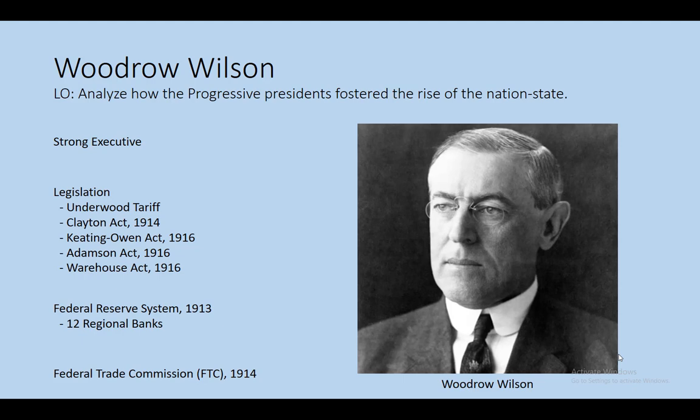The Federal Reserve System created 12 regional banks that were overseen by a central board, which was appointed by the president, and it was empowered to handle the issuance of currency, aid banks in danger of failing, and influence treasury rates. And of course, this is still around today. This is the Fed, right? Whenever you hear them talk about the Fed raising rates, that's who they're talking about.